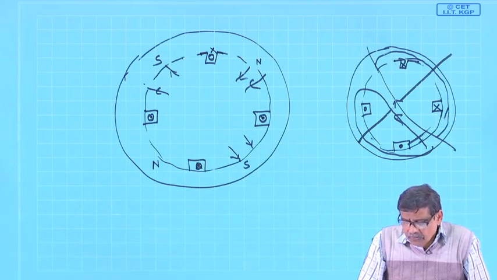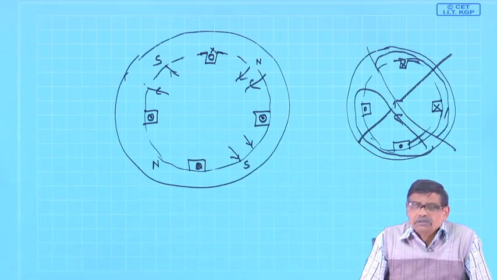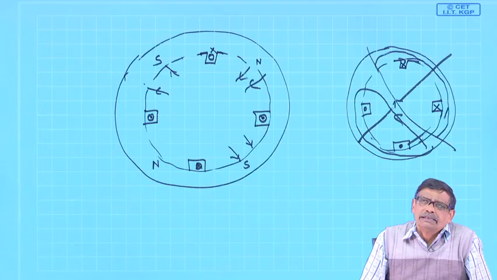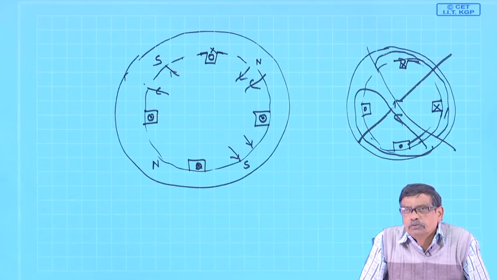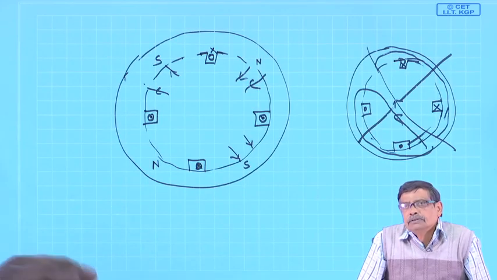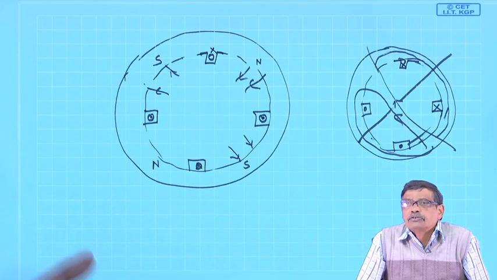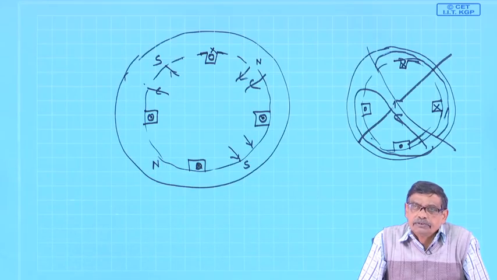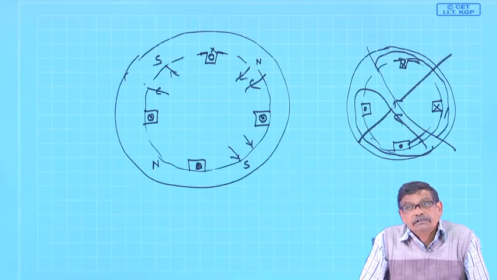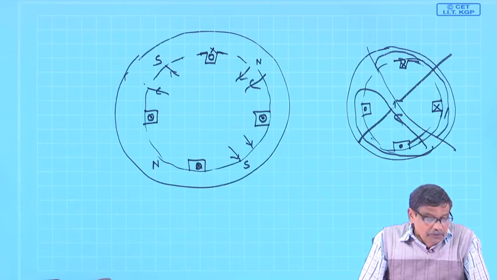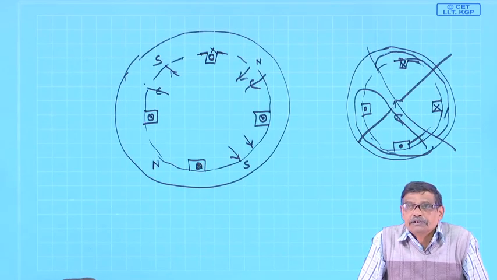But with passage of time, those methods are nowadays no longer used, because with the advent of fast switching solid state switches, you can make a good inverter and vary the frequency of the supply to control the synchronous speed of the induction motor, hence its speed.